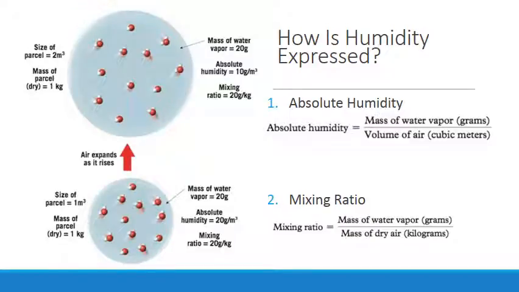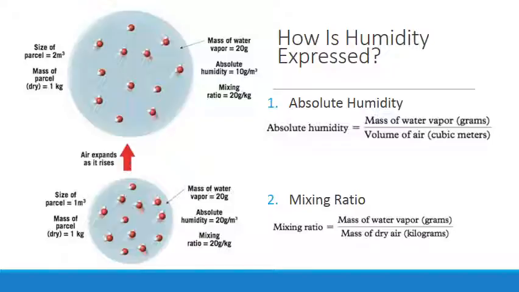Meteorologists use 5 methods to express the water vapor content of the air, including the 2 shown here, which are absolute humidity and the mixing ratio. These 2 numbers are similar in that both are expressed as an amount of water vapor contained in a specific volume of air.